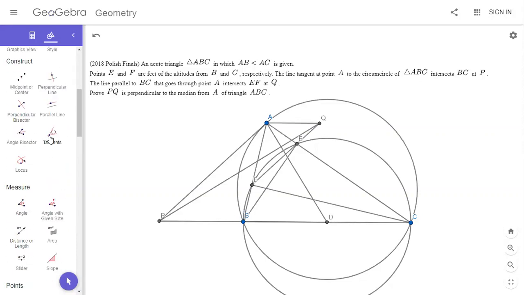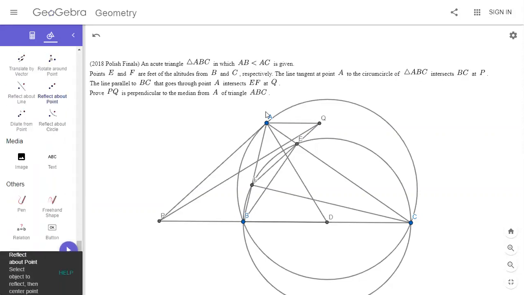The reflection of A over PQ. Yes, I think it should be.